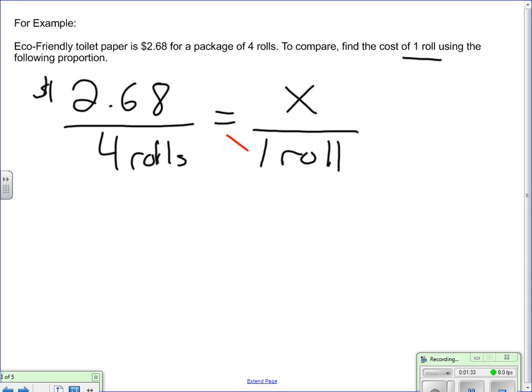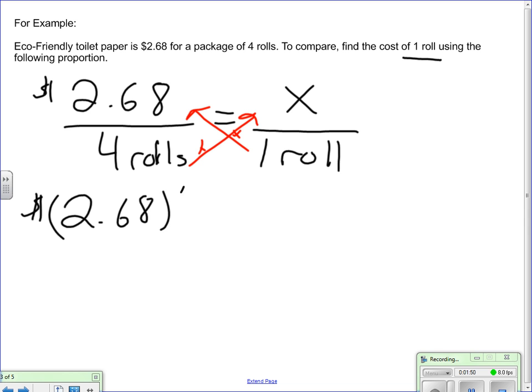So I'm going to take one roll and times it by 2.68, and I'm going to take 4 rolls and times it by X. Next line, I'm going to have 268 times 1 is equal to 4 rolls times X.